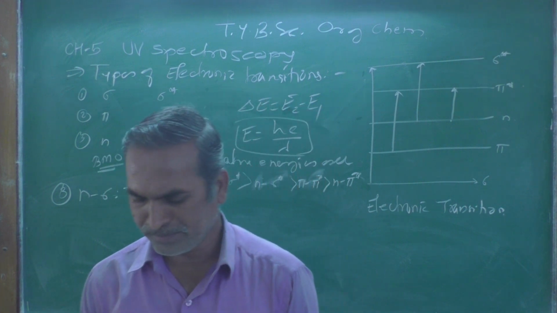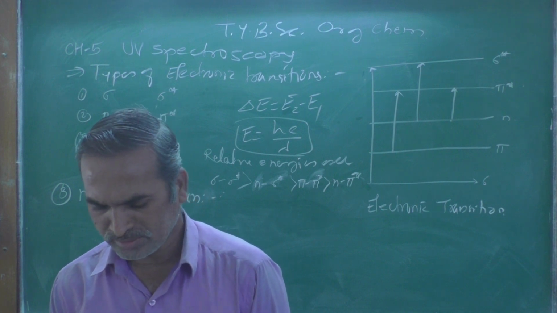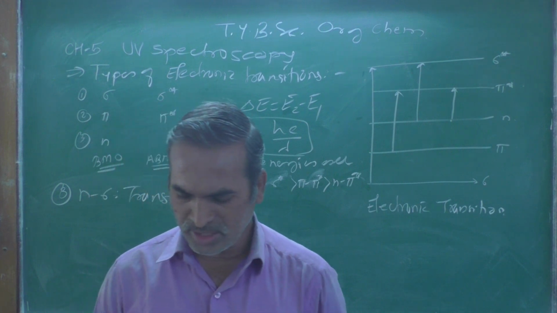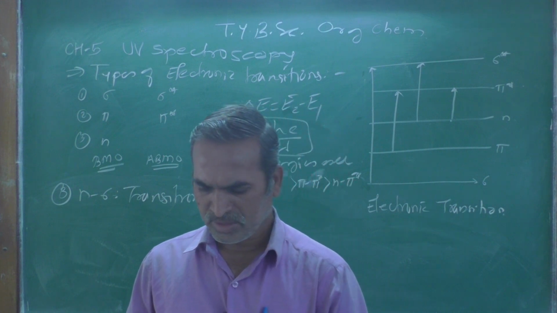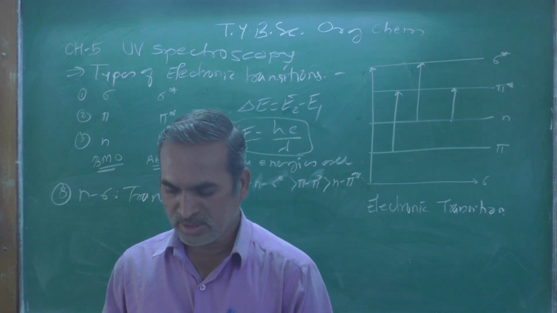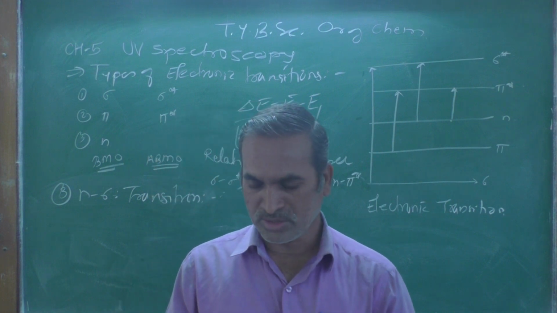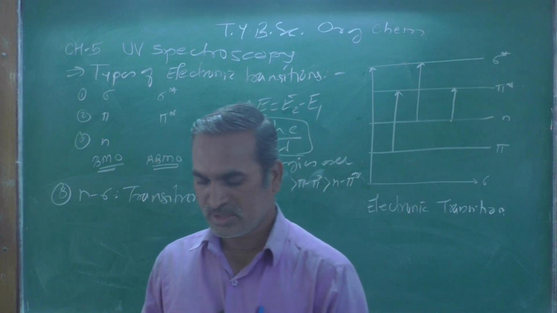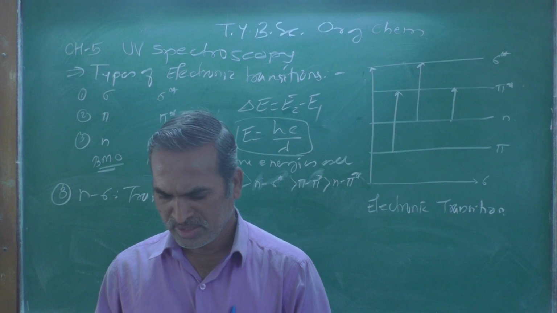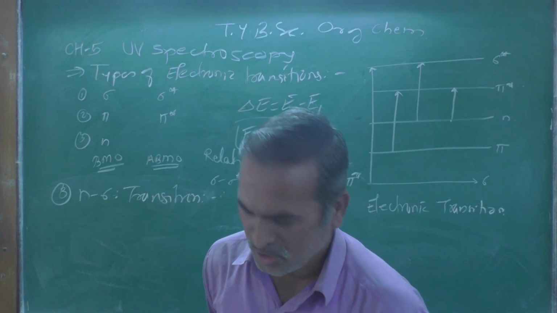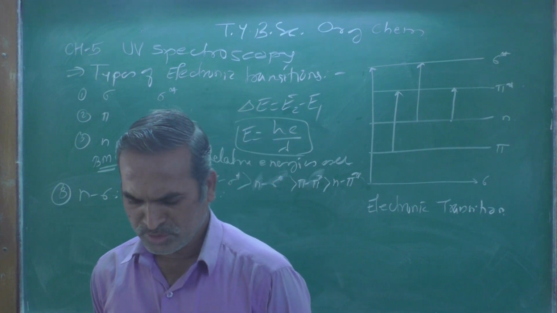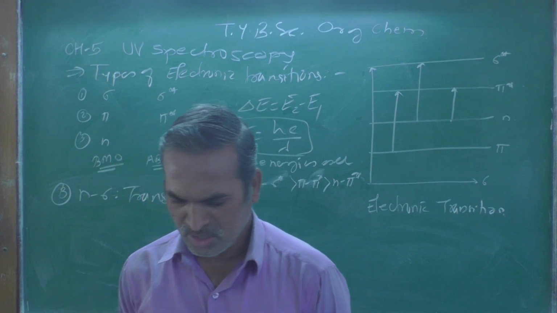Compounds containing non-bonding or unshared electrons present on a heteroatom such as oxygen, nitrogen, sulfur and halogen undergo N2 sigma star transition.